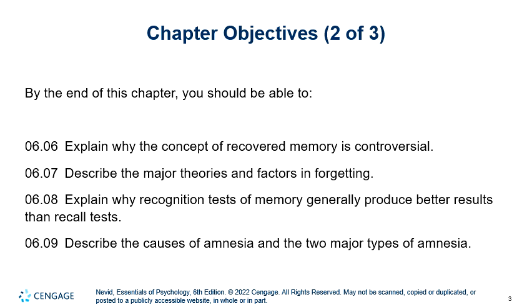Hopefully you'll be able to explain at the end of this chapter why recognition tests of memory generally produce better results than recall tests. We'll also look at amnesia and the types of amnesia that are known.